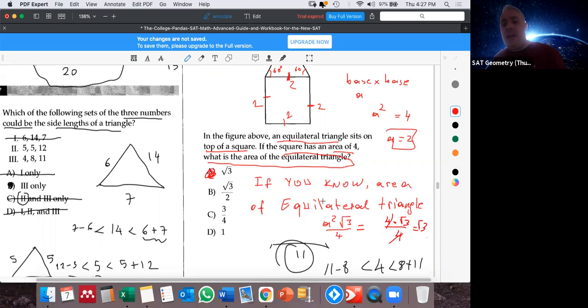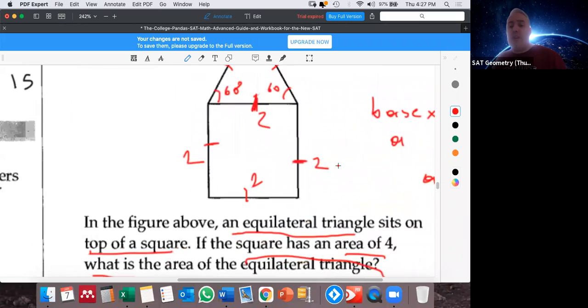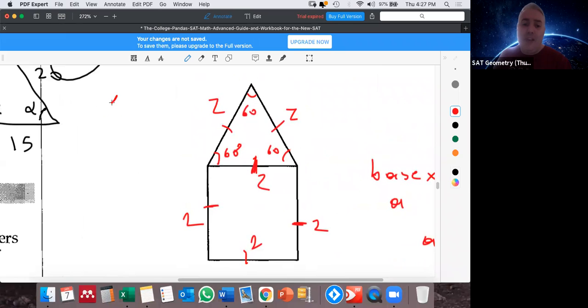Probably you may forget. Let us imagine you forget the formula. What can you do? Be careful now. You know that this is 2, this is 2, this is 60, this is 60, this is 60. You know this, right?